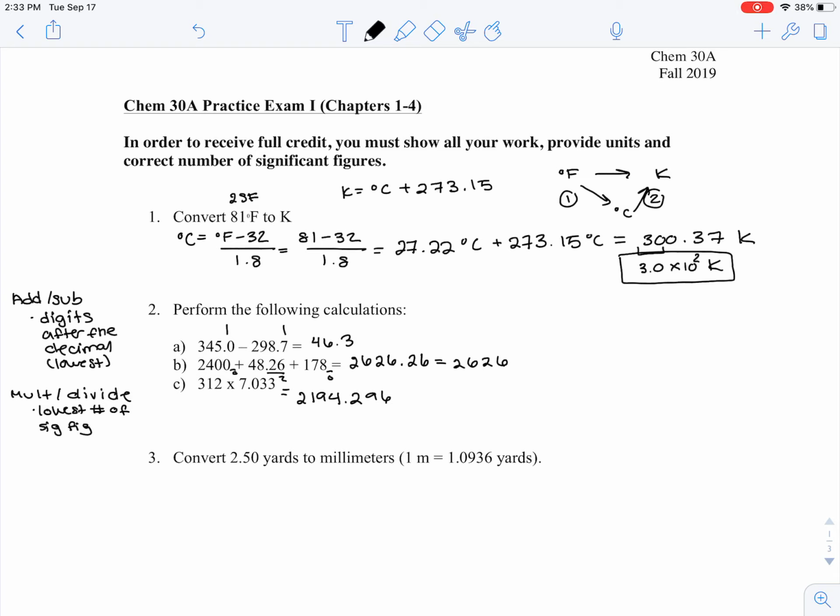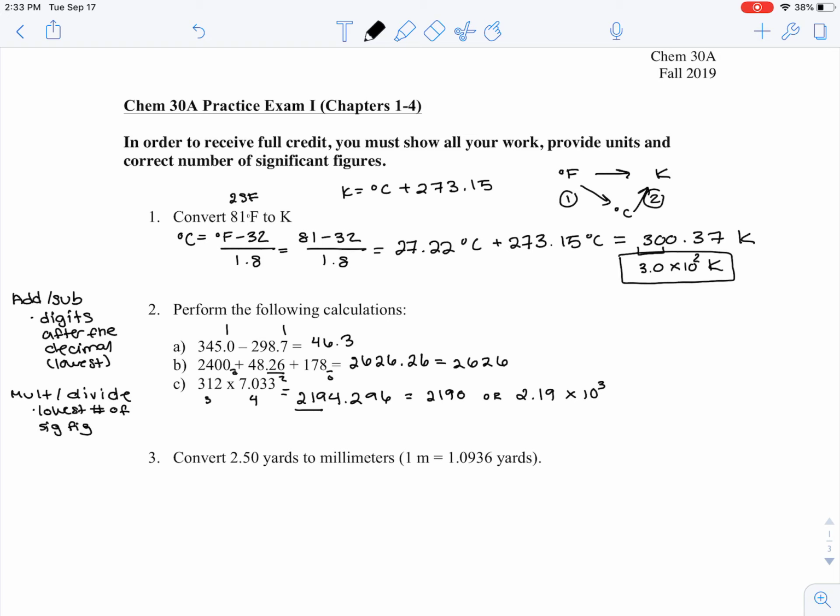So now you check, okay, I have 3 sig figs here, and I have 4 significant figures here, and I want my answer to be in the lowest, which would be 3, so I cut it off at the 9. 4 is lower than 5, so I round down. Then you can write 2,190 or 2.19 times 10 to the third.